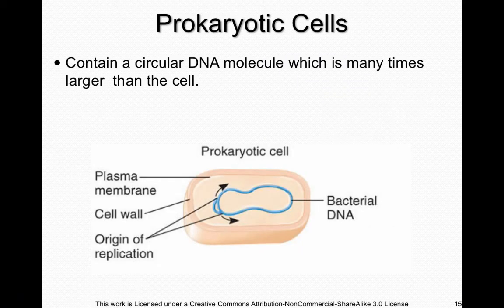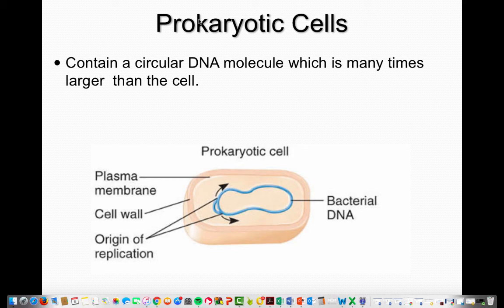Now, prokaryotic cells, all this that we've talked about with eukaryotic cells so far is slightly different in prokaryotics. And this is the only time I'm going to mention prokaryotic cells. Essentially, they have what's called binary fission. And it's a lot like mitosis, which we're going to talk about here in a minute.